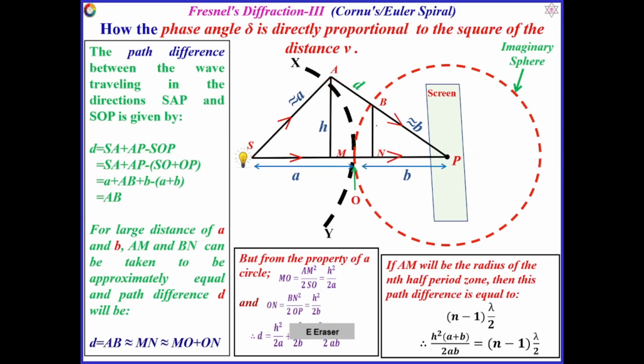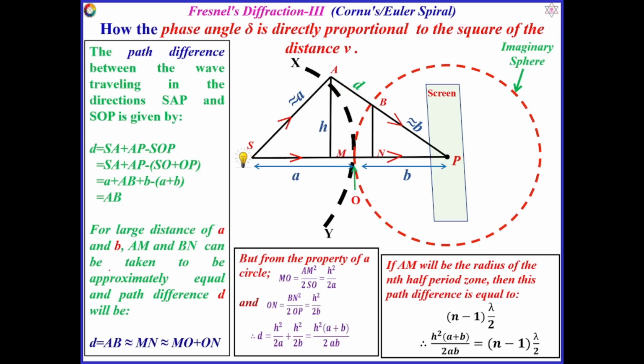So if A and B are at equal height, that means AM and BN will be approximately equal. Whenever A is larger and B is larger, then the AB distance will be approximately equal to the MN distance, right?